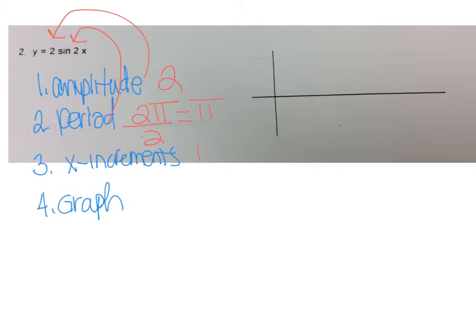I'm going to split our period into 4 so that we can mark it along the x-axis. So we have pi over 4. That's 1 pi over 4, 2 pi over 4, 3 pi over 4, and 4 pi over 4. Now it's time to graph this. Go ahead and put my amplitude in, 2, and down here negative 2.